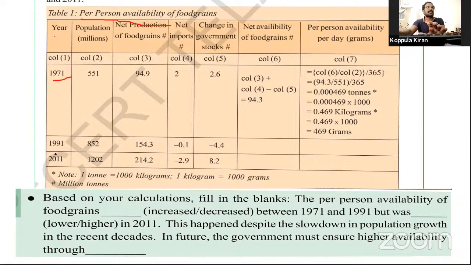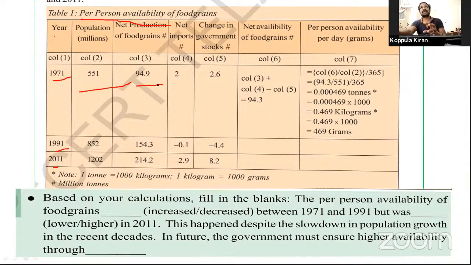See this: 1971, 1991, 2011. These are the total food grains available in our country per annum. See columns 1, 2, 3. Total population in 1971. Net production of food grains in our country, produced by the farmers.